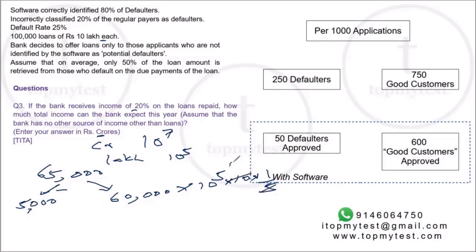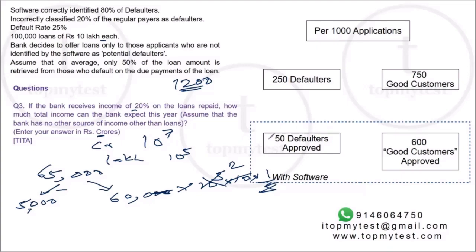I need it in crores, so I'll take out these 2 zeros and these 5 zeros. So my answer will be in crores now. So 600 into 2, so 1200 crores is your income from good customers.